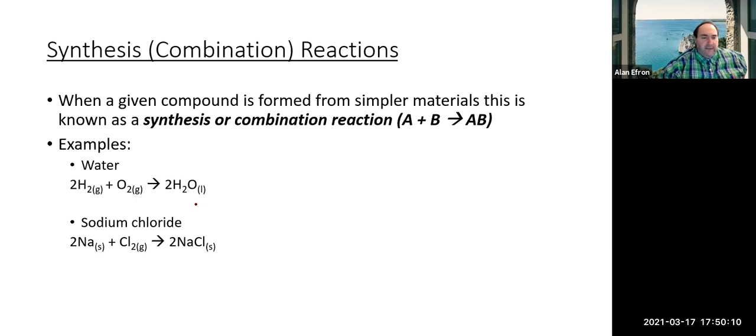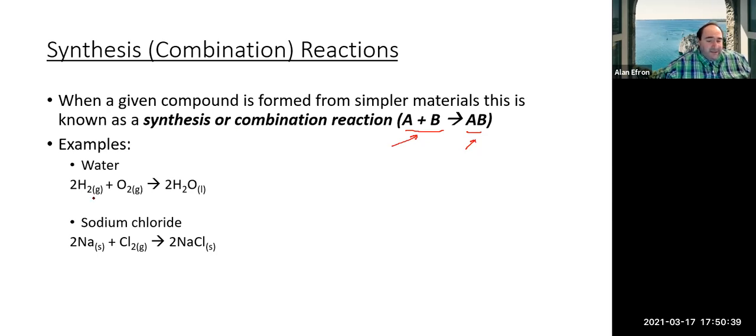This is a little bit ahead of the notes that you have, so pick up on your notes where it says synthesis and combination. The first type of reaction is a synthesis or combination reaction, which has a general form of A plus B makes AB. Essentially, we take two things and make one thing. That's your classic synthesis or combination, basically putting things together, hence the name.